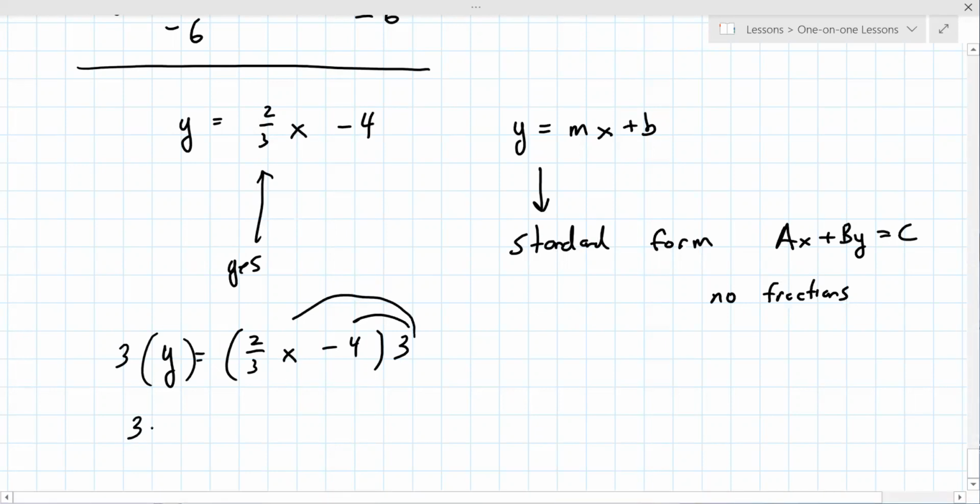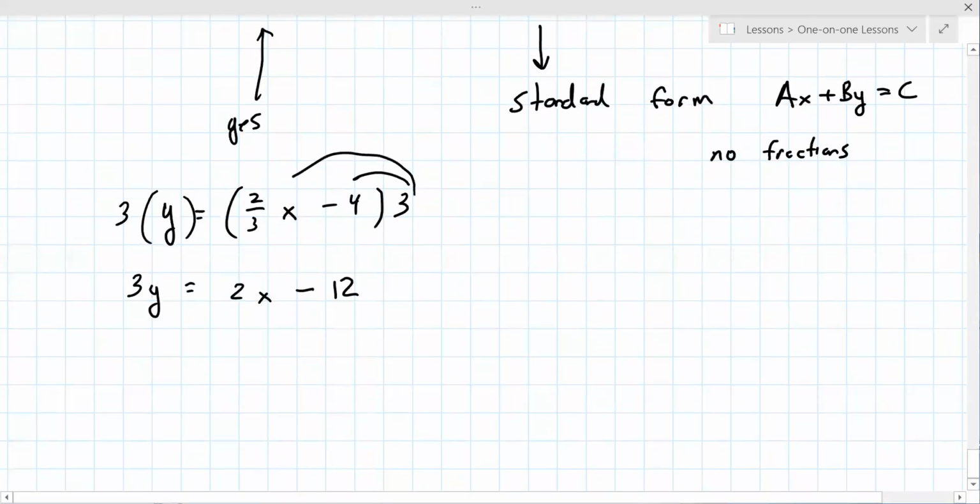So it's 3y equals 2x, 2 times 3 is 6, 6 divided by 3 is 2, minus 12. And again, we'll reiterate, because a lot of students forget to multiply this in, they get an answer that looks right, but it's wrong.